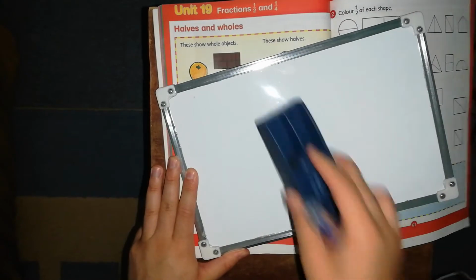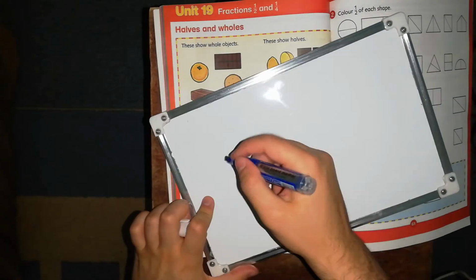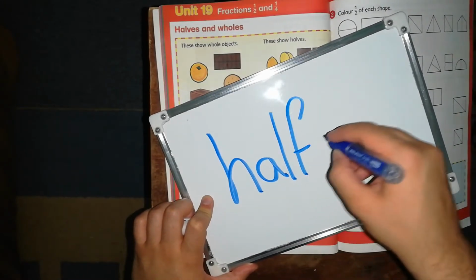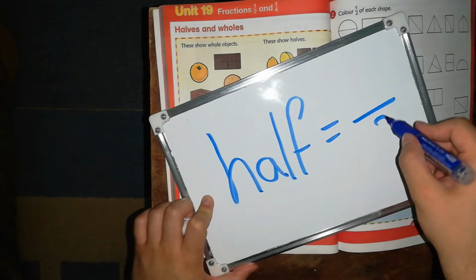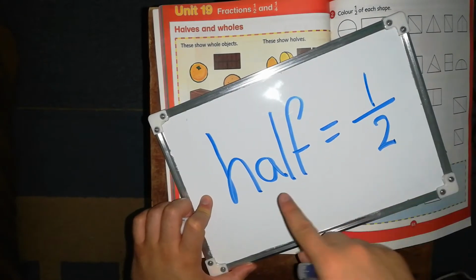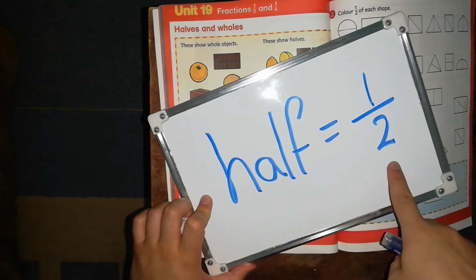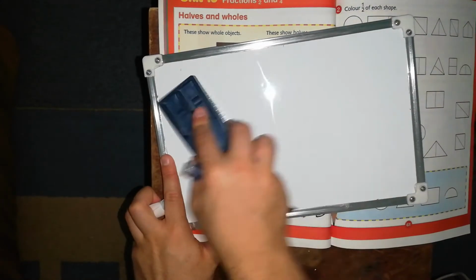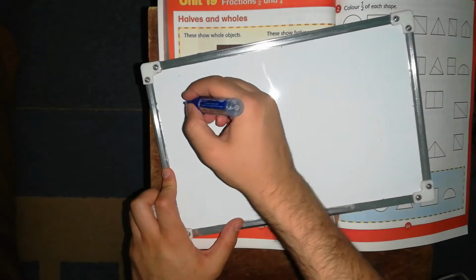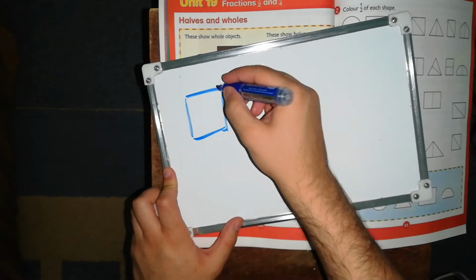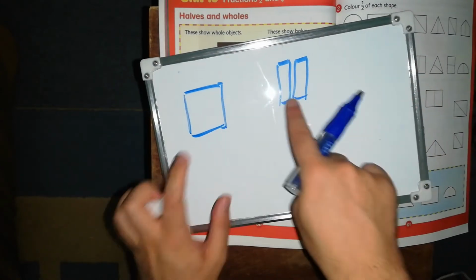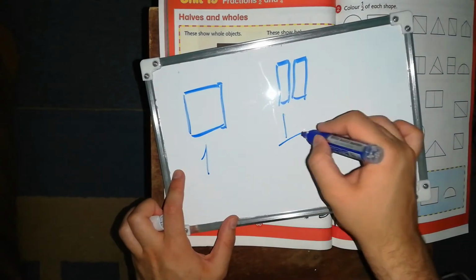Half, which means the same as half. Now, I'm going to draw an example just to show it. Now, this is 1, and this is the same, but it's half. Okay? They're the same, but this is 1 and this is half.